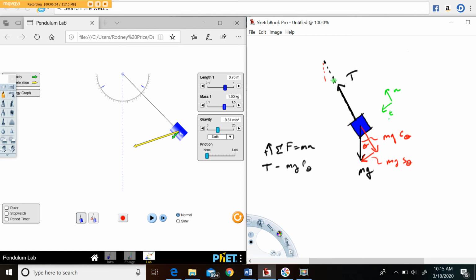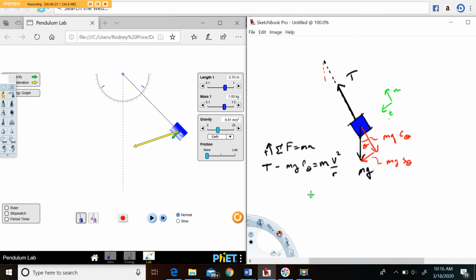So we have now the sum of forces in this direction, and by Newton's second law, that equals mass times the acceleration. This acceleration is a centripetal acceleration, which has a magnitude of v squared over r. In this case, the r would be basically equal to the length of this string, plus maybe a little bit more. It would be the distance from here to the center of mass of this object.